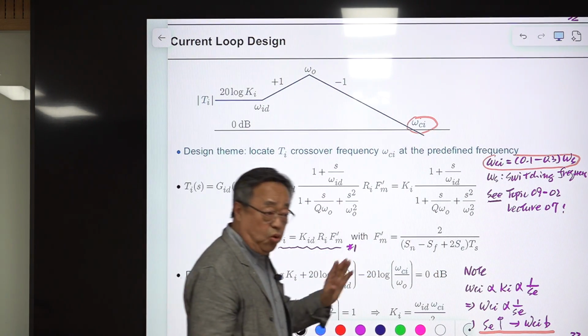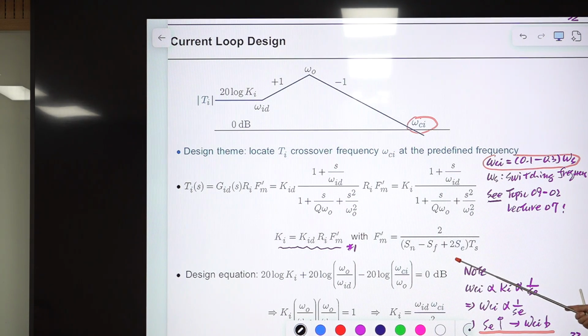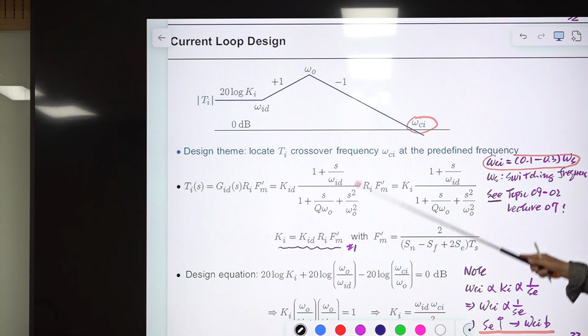I think I told you once, if there is a machine which can change this SE continuously, and you use the machine and vary this continually, and you stop at the best point, that will be the best design. Okay, but we are trying to find this analytically. In engineering sense, that is the whole purpose of design, and that is the same as selecting this omega CI properly.